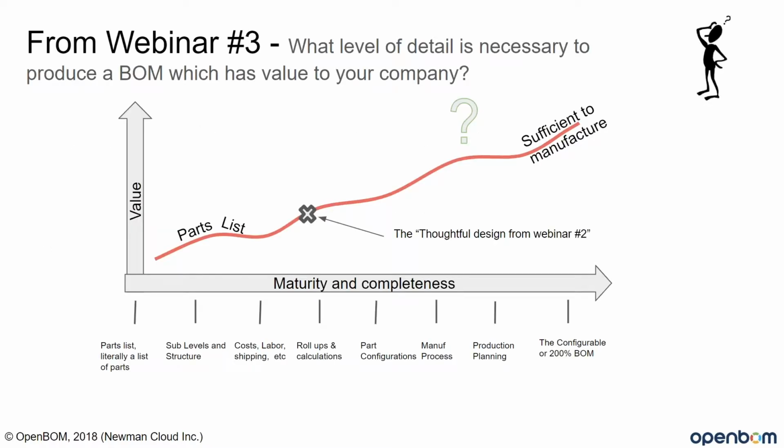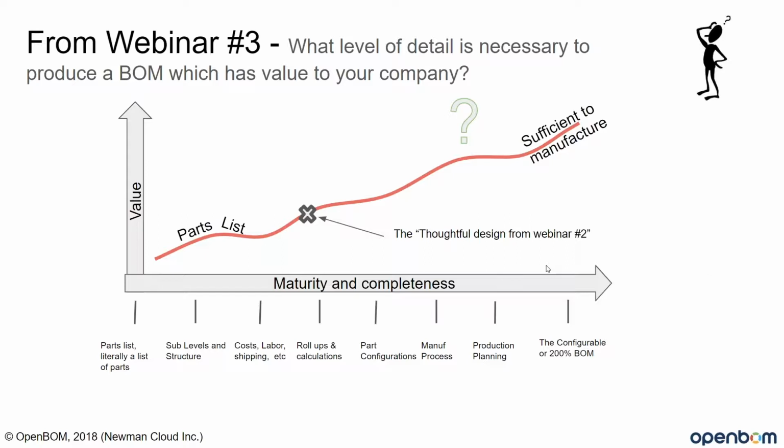Quickly, I'd like to review a slide from last week's webinar, which is available to you, on maturity and completeness of a bill of material and the value that it brings to your company. While we're not going to dive into all these things, I covered this in a lot more detail in the last webinar.